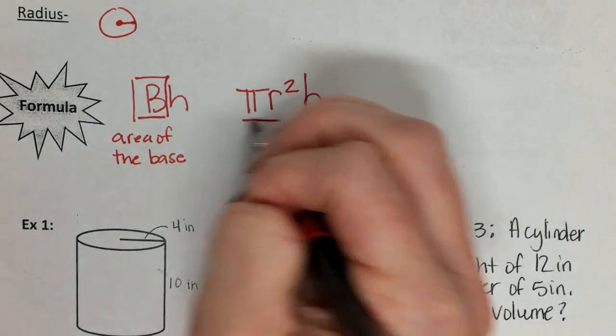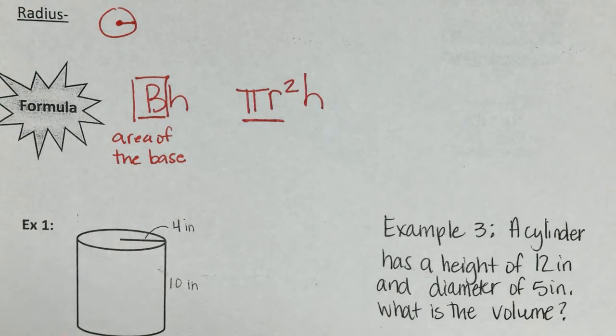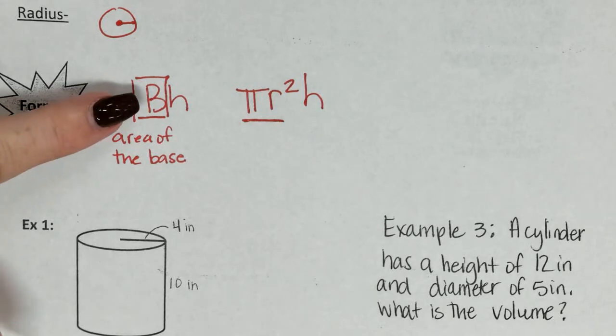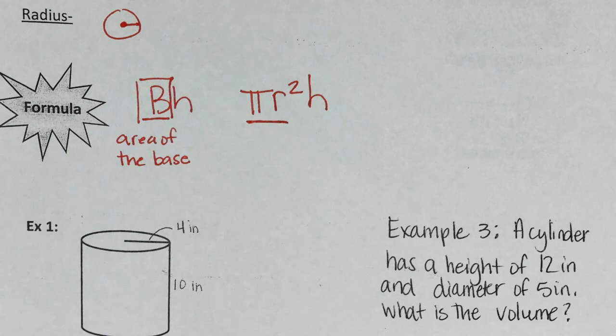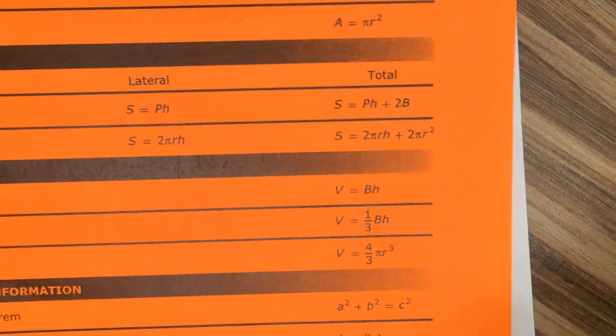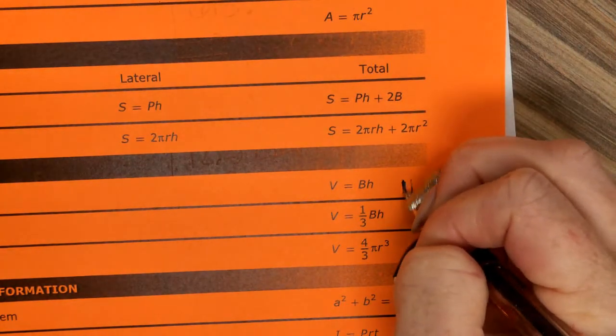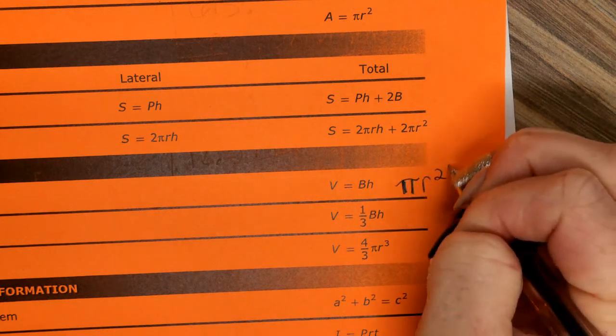This right here is the big B. Do y'all understand that? I'm going to say it again. Big B means area of the base. The base was a circle, so we replace B with what? Pi r squared. So here's what's cool. When you get your STAR test in May, you're going to come straight to your STAR chart and we're going to memorize all the stuff to write on here. What you're going to do is you're going to write right here, pi r squared h.